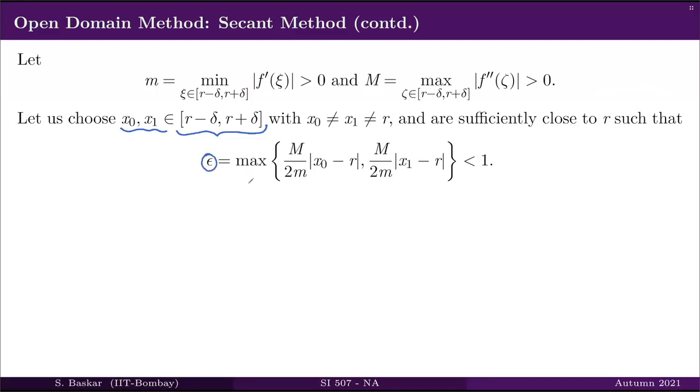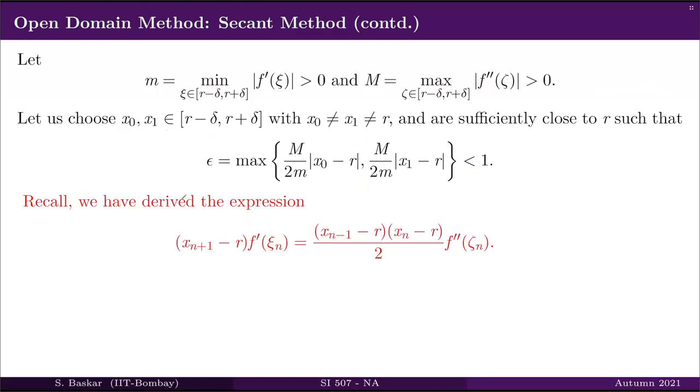We can always choose this. Well, the largest delta less than delta naught, which makes this epsilon less than 1, is the required delta for us. Why we are interested particularly in this type of expression, we will come to know in the next step.